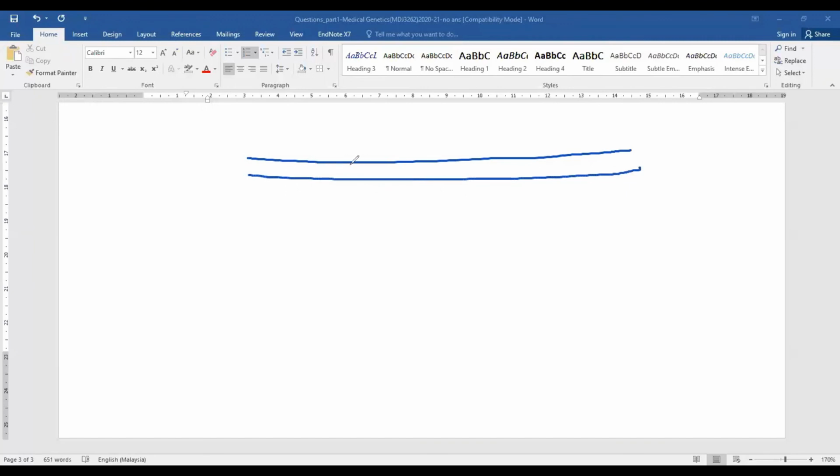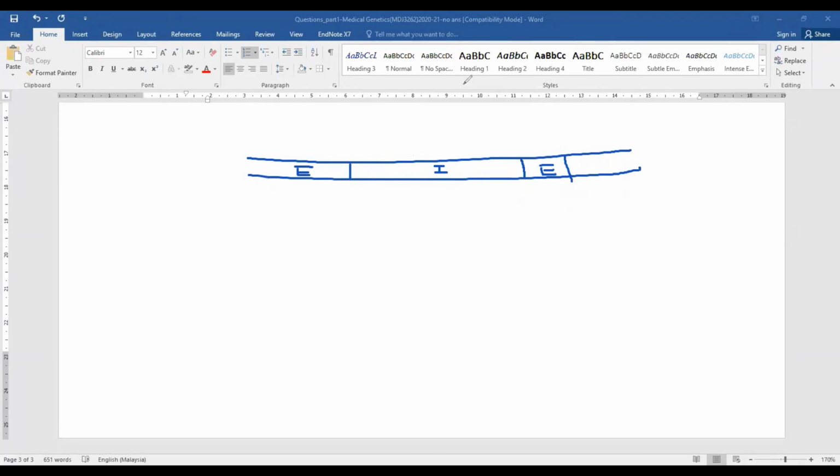Let's say this is the exon. This is the intron. This is another exon. So splicing occurs here, right? Spliceosome will cut here, at the junction.